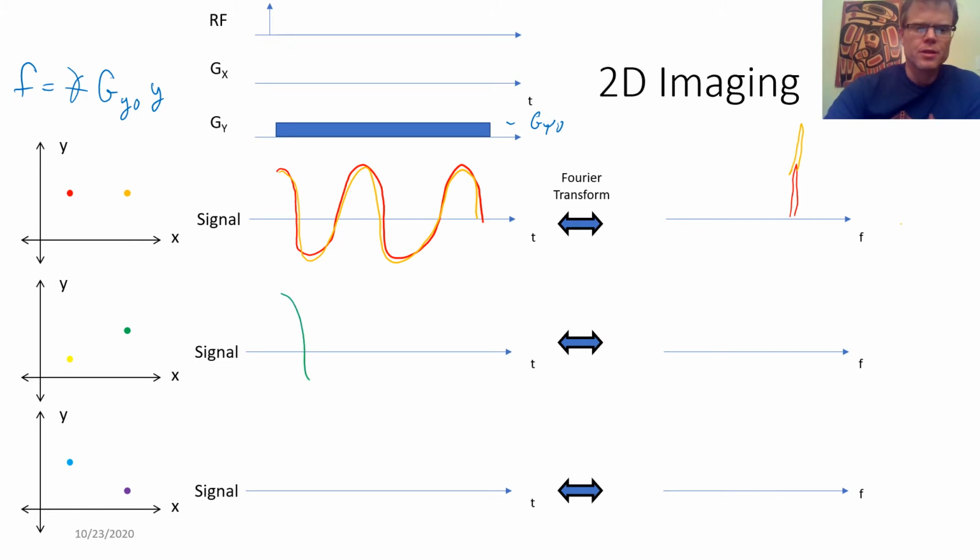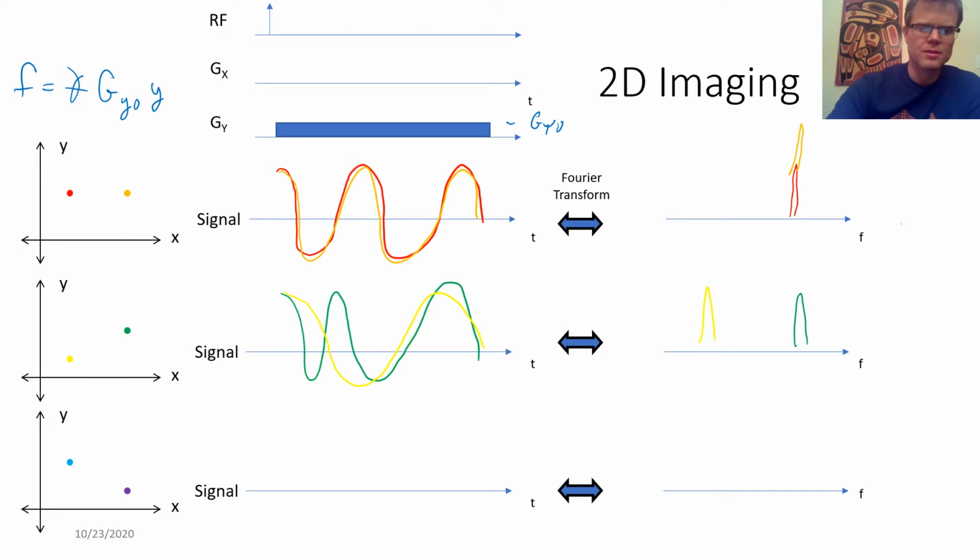So the green object has a high frequency because it's further away in y, whereas the yellow object here is closer to the center in y, so it's going to have a lower frequency, show up at that lower frequency in the Fourier transform.